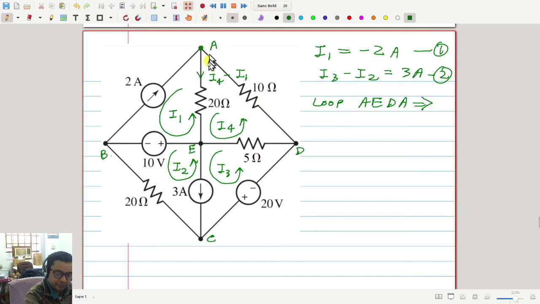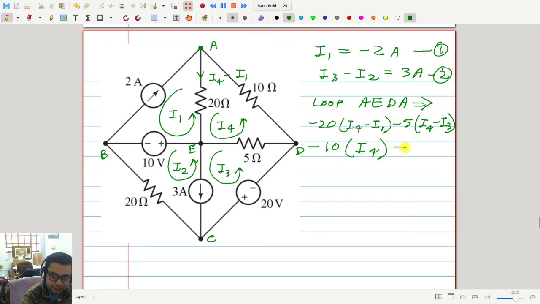Let me start from A, and there is a voltage drop of -20 multiplied by I4 minus I1. So this is a drop. Then here in the 5 ohm resistance, we will have another drop of 5 multiplied by I4 minus I3. Then in the 10 ohm, we have another drop, -10 multiplied by I4. This should be equal to 0.